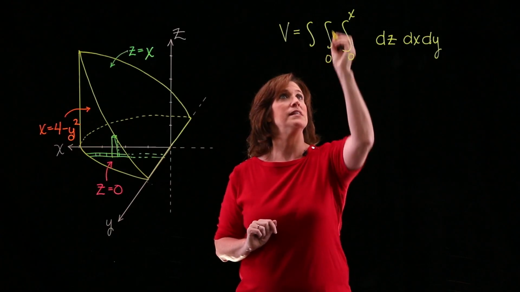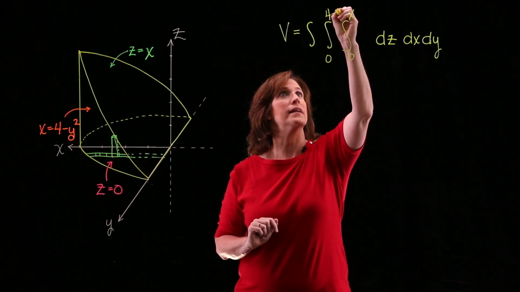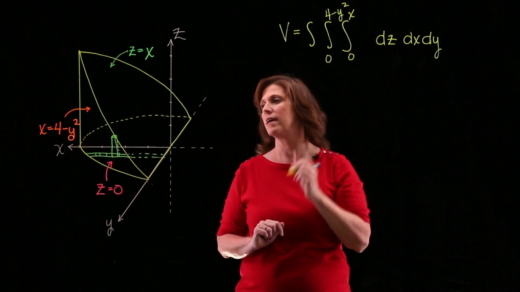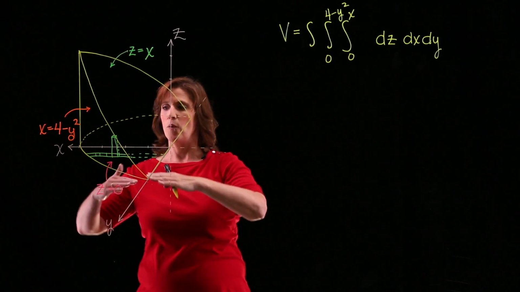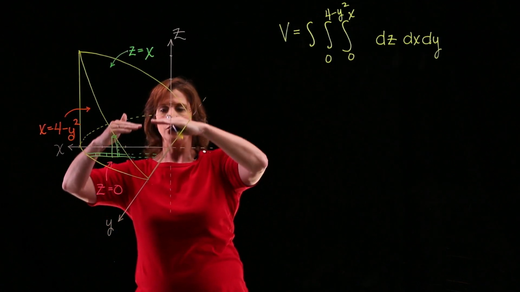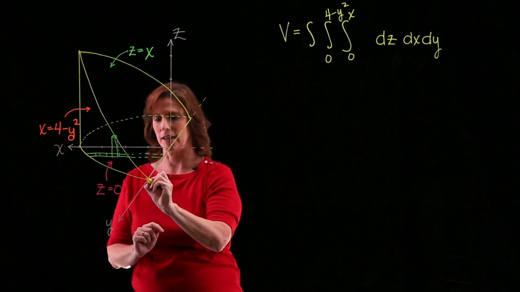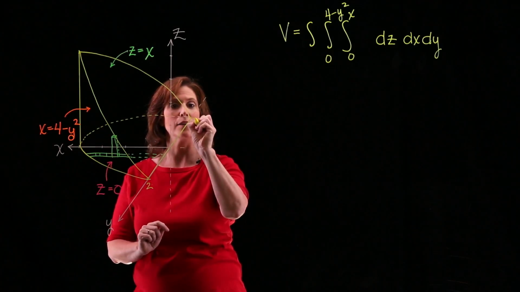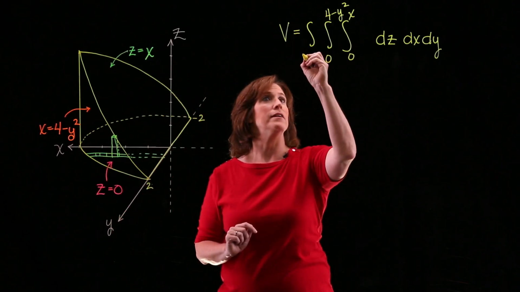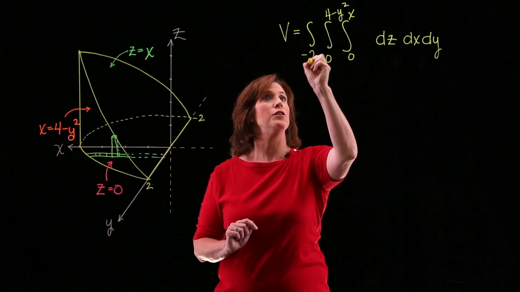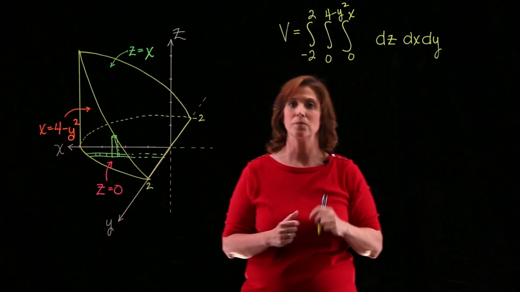So I'll be integrating from 0 to 4 minus y squared. And then finally, when I move all those rectangles across, I'll be going from this point to this point. This is actually 2 to negative 2, so I'll be integrating from negative 2 to positive 2.